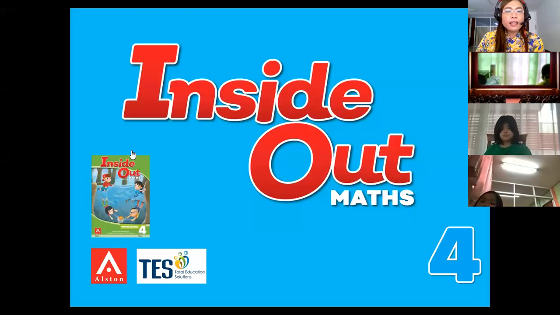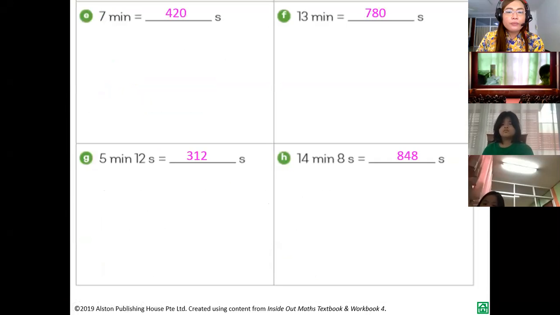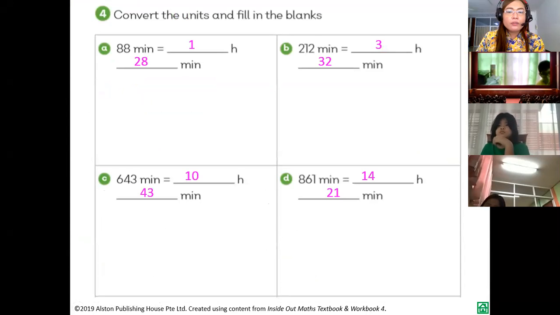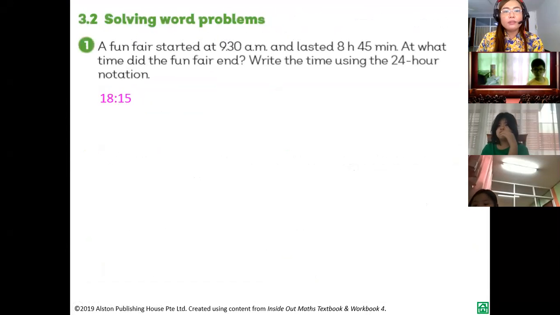Okay, get your workbook, class, and open on this page. What page number is it?